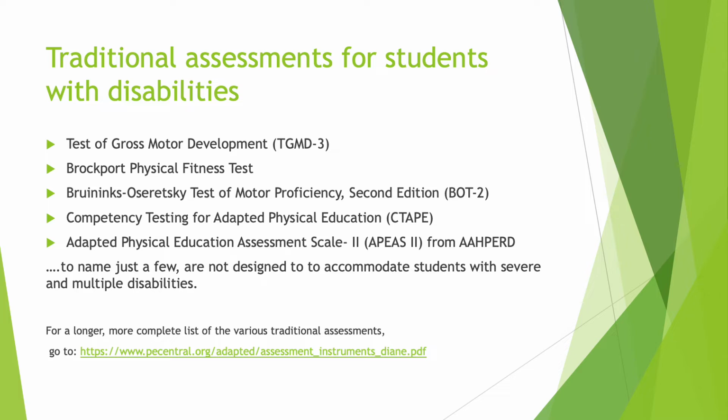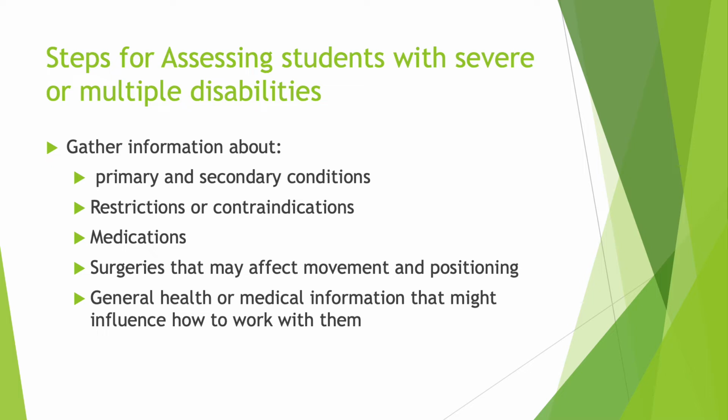Alternative assessments are obviously going to be different from our traditional assessments, and that's what we're going to get into. The first thing we need to do when we are set to conduct an assessment with one of our students is find out their primary and secondary conditions.